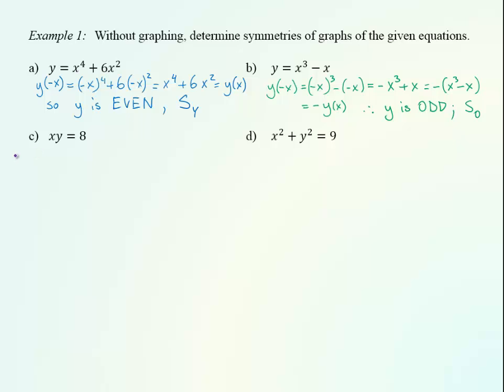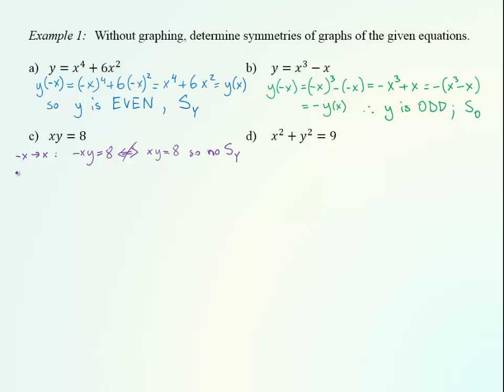If we use negative x instead of x, then our equation becomes negative xy equals 8, which is definitely not equivalent to the original equation xy equals 8. So we have no symmetry in the y-axis, which means that this relation is not even.